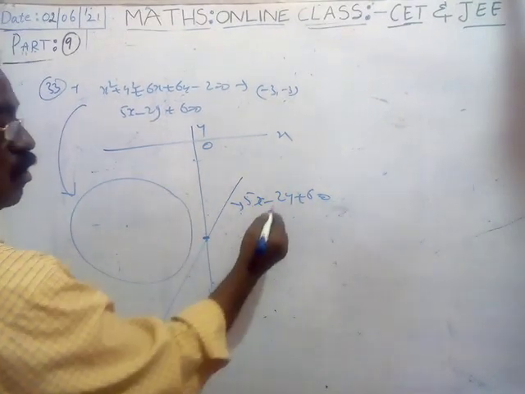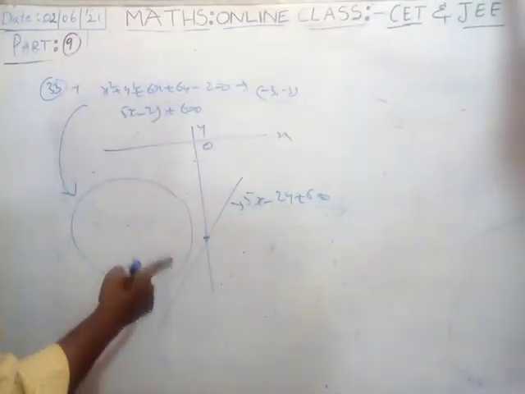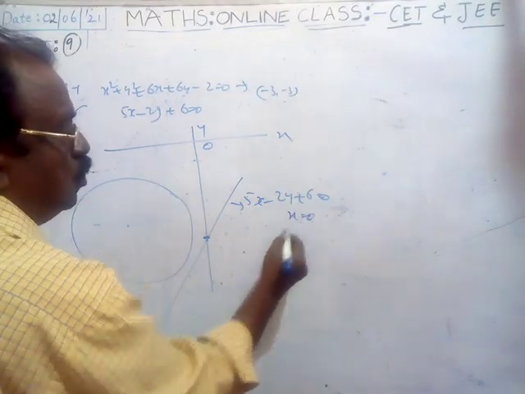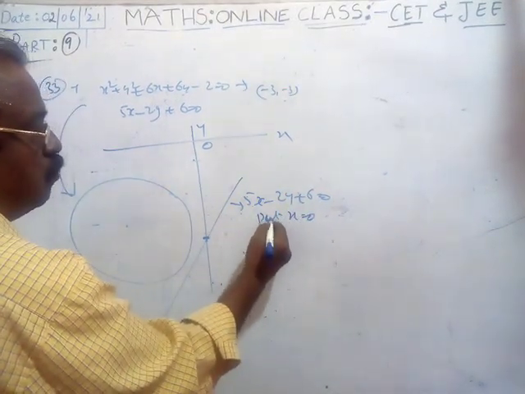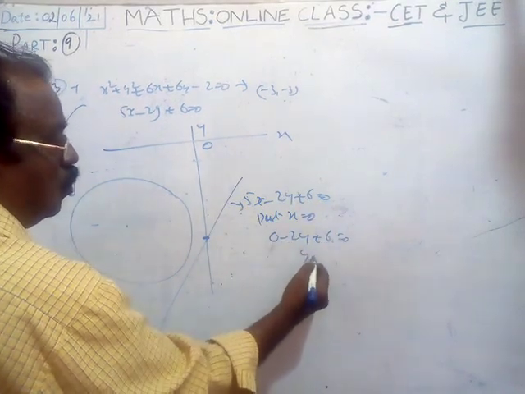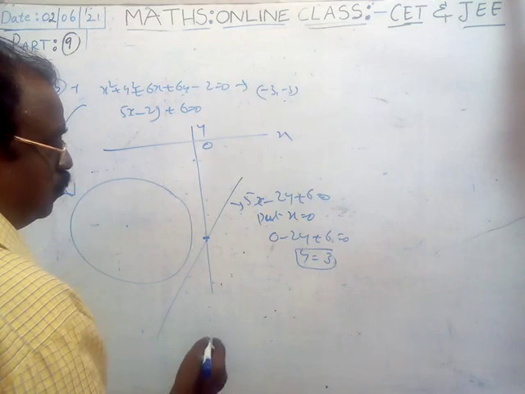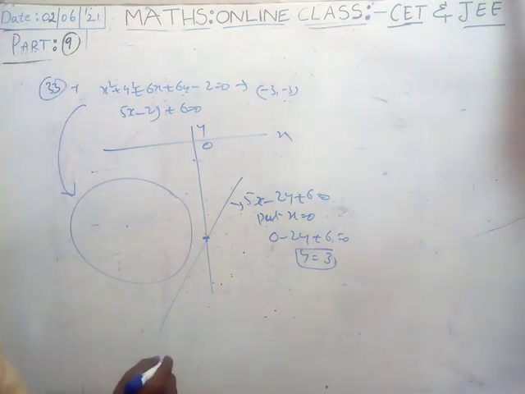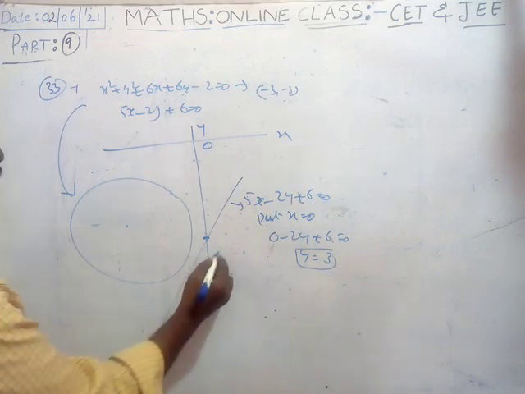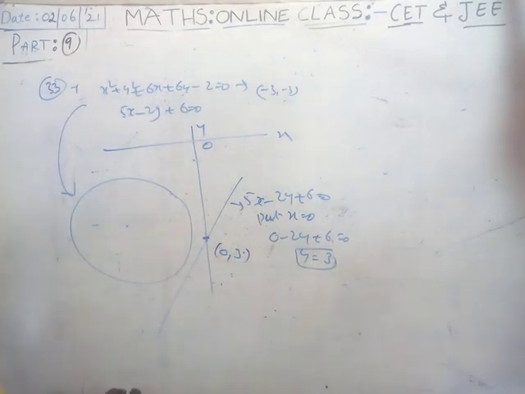How can you find where this line meets the y-axis at one point? Put x is equal to 0. If you put x is equal to 0, then 0 minus 2y plus 6 is equal to 0, so y is equal to 3. Like this, y is equal to 3. So 0 comma 3 is a point.